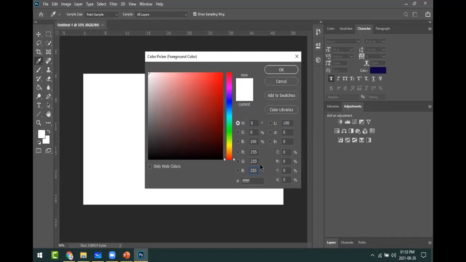Right, all 0 means a black color, right? So this is just some idea.